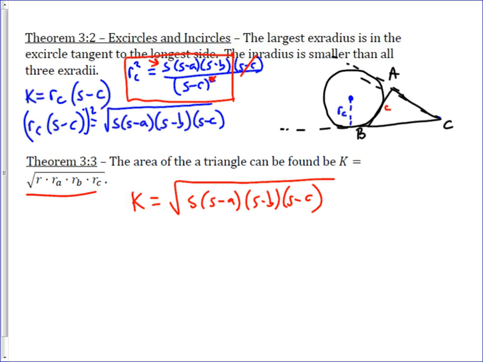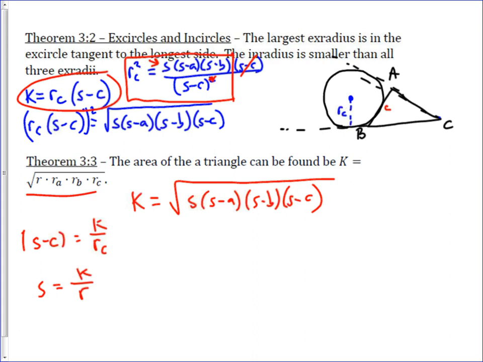Because of this result, we can write each of the S minus C as K over RC, and you could do that for all three of them, including the radius of the inscribed circle, which would be S equals K over R, where R is the radius of the inscribed circle, because the area of the triangle can be written as the inradius times the semiperimeter.